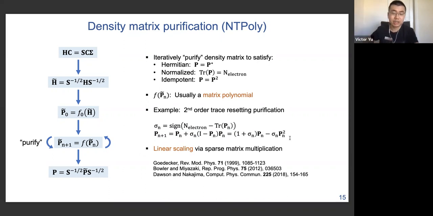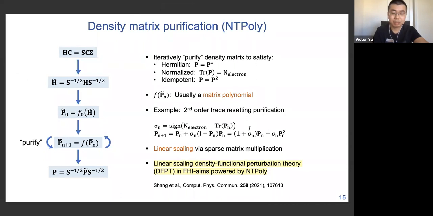And it can reach linear scaling by using sparse matrix multiplication kernels in the NTPoly library. In a recent paper, Honghui Shang and co-authors applied this NTPoly sparse matrix technique to density matrix perturbation theory, and they can reach linear scaling. If you're interested, you can refer to this reference.